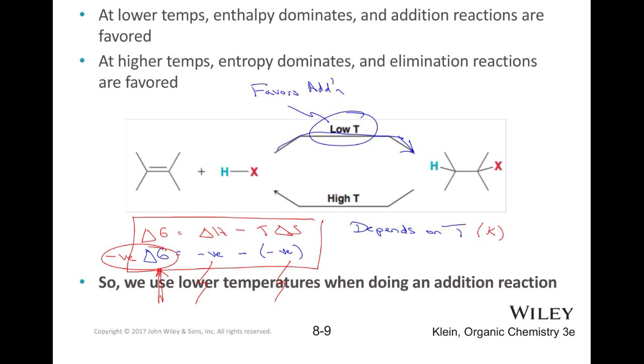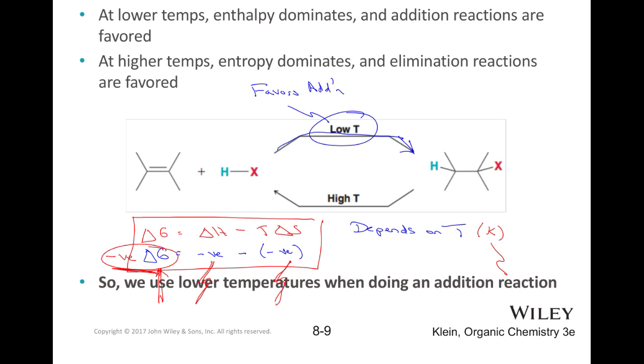We know that our delta H is going to be negative, so that's what I've shown here. We know that our delta S is going to be negative. T is always going to be positive because it's reported in Kelvin. Therefore, we're going to have a negative subtract a negative. So that's like saying a negative and you're adding something to it. In order for the delta G value to be negative, at lower temperature this entropy term is going to be smaller, and therefore the delta G will be negative.